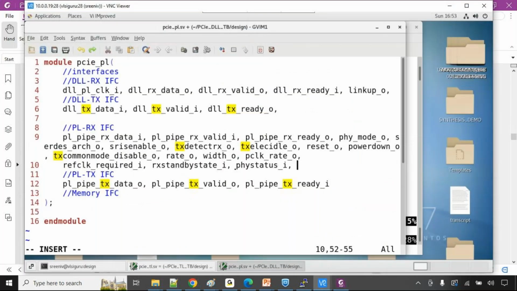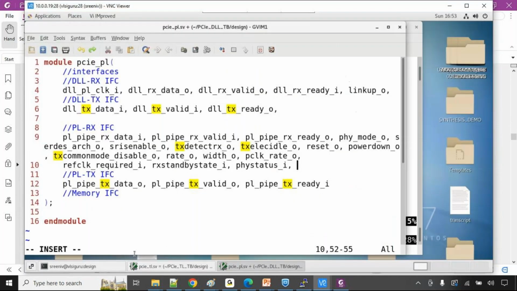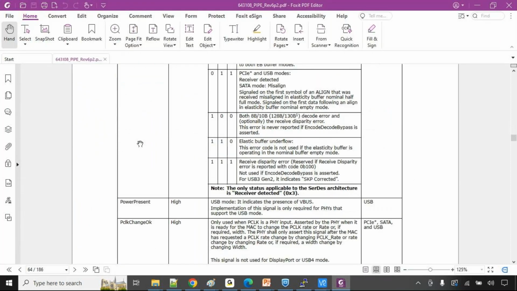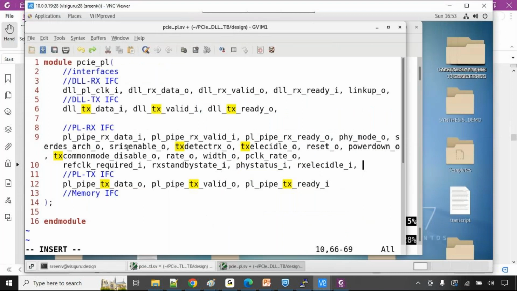Okay, what is the next one? RX electrical idle is an input. What else is there? RX status. RX status is there for PCI Express. Yes, so that can also be one more signal.